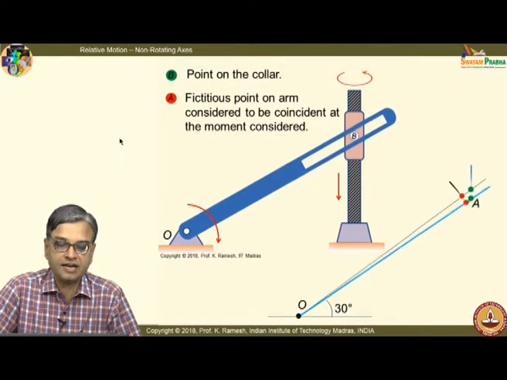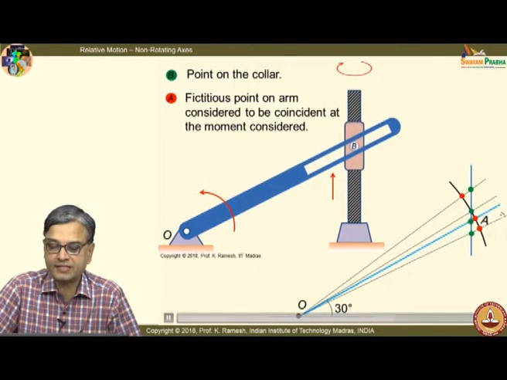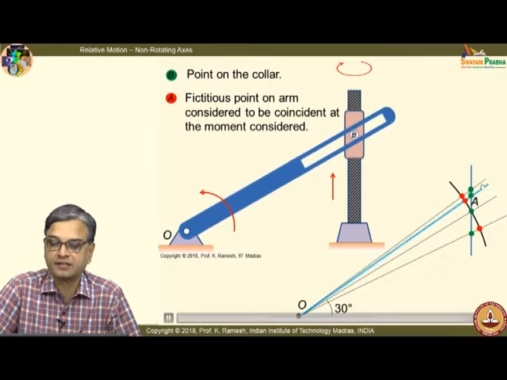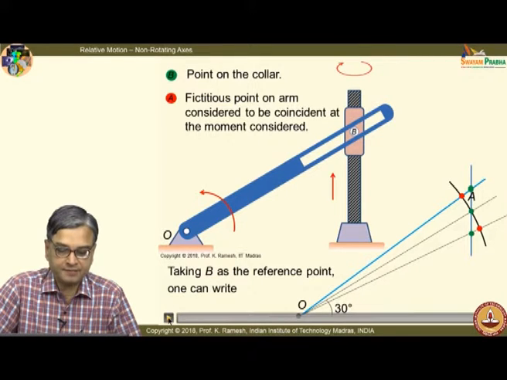Let us understand the concept of fictitious point, which is depicted beautifully in this animation. Please take your time to make a neat sketch out of it. I would repeat this.